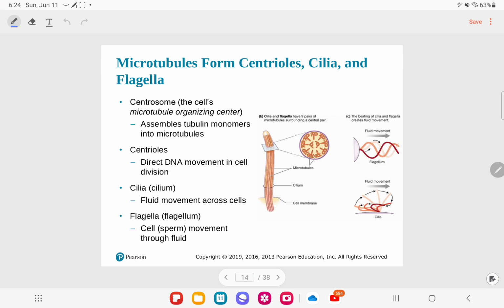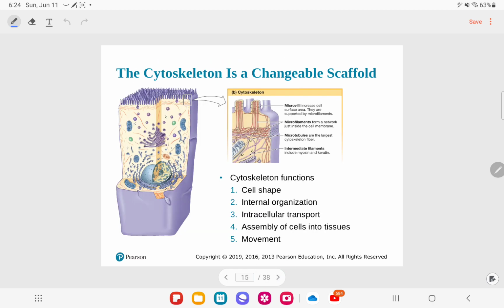chromosomes. We have cilia that help with the fluid movement across the cell. And we have the flagella or the flagellum, specifically in sperm, which helps with the movement through a fluid, helps that cell to move.